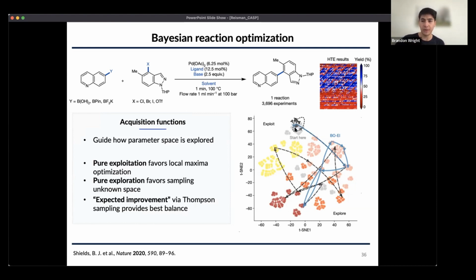You start in this region, and an exploitation acquisition function might just try to optimize to the highest yield in this particular region of space, whereas an exploration function is going to hop around a lot more promiscuously and test out lots of possible reaction conditions that are really different from one another. What they ended up opting for in this paper is something called expected improvement, which is essentially a hybrid between the two. It's going to try to explore, and it's also going to try to optimize to find the global maximum overall.